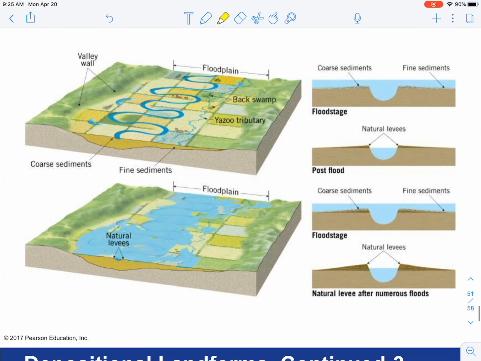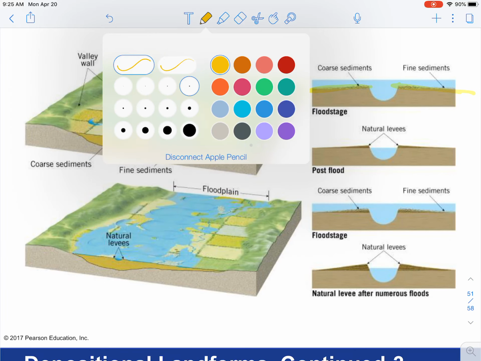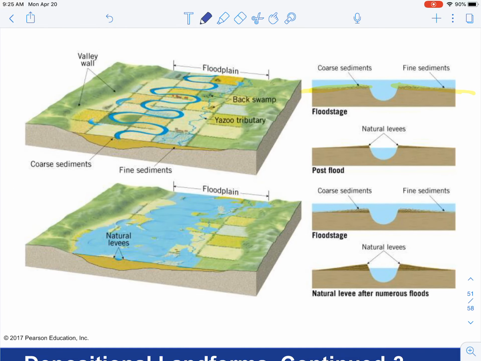Here's an example. During a flooding event with a natural system, here is where your surface is. The water table rises, and then obviously the water crests the banks of the river and it floods everything that's low relative to it.